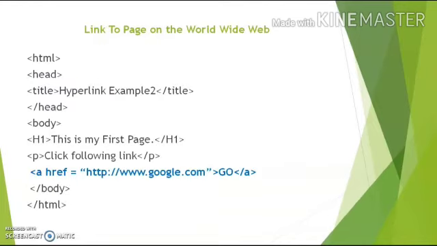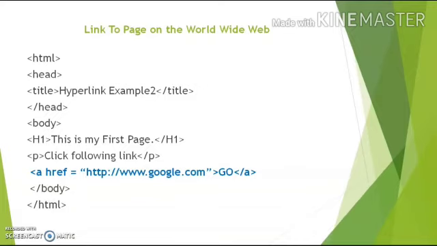Now we'll see example link to page on the World Wide Web. HTML tag, head tag, title is hyperlink example 2, title tag close, head tag close, body tag, heading 1 tag, that is what is the heading? This is my first page, heading tag close, p tag, click following link, p tag close.